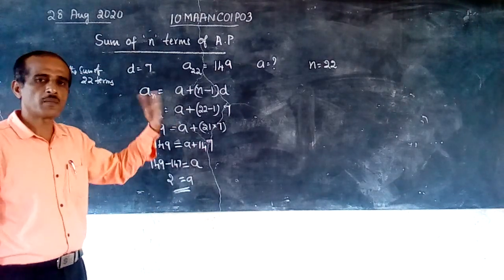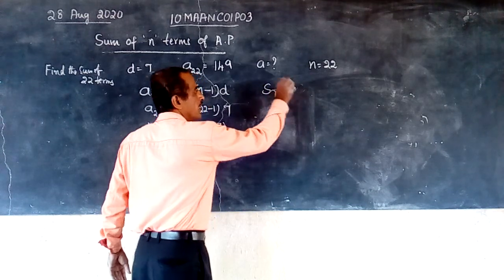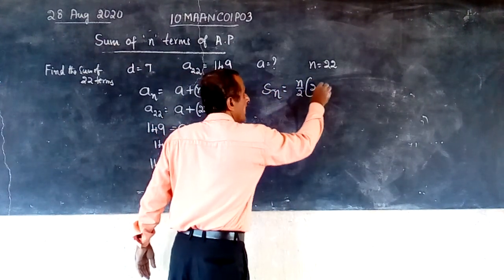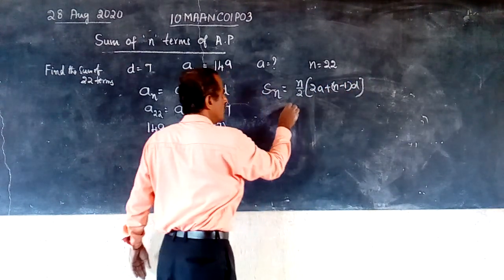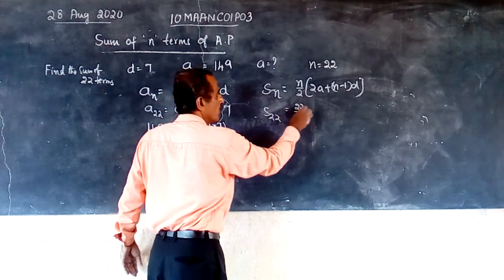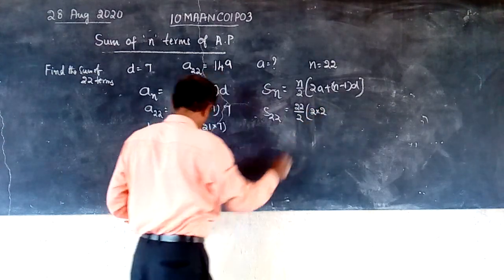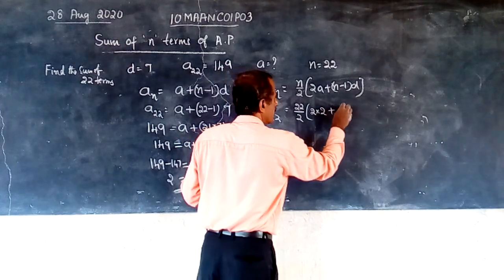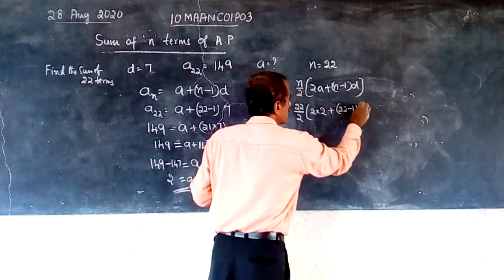Now apply the formula for the sum of 22 terms. Write the formula first: Sn is equal to n by 2 into 2a plus n minus 1 into d. Now substitute the values. S22 is equal to 22 by 2 into 2a, which is 2 into 2, plus 22 minus 1 into d, and d is 7.